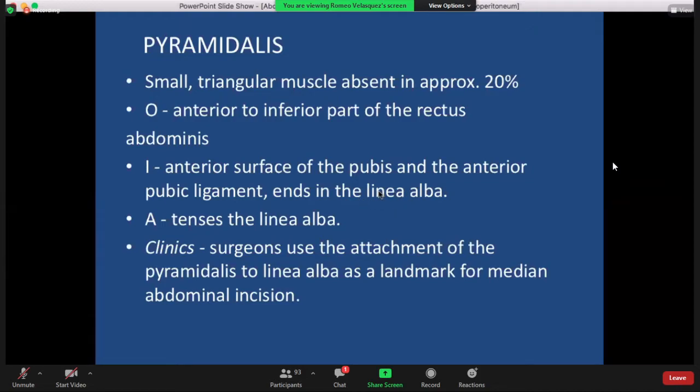So the fibers really proceed medially to the linea alba. Tenses the linea alba, and this is what surgeons use, okay, the attachment of the pyramidalis, to take note of the landmark for the median abdominal coast-to-coast incision.